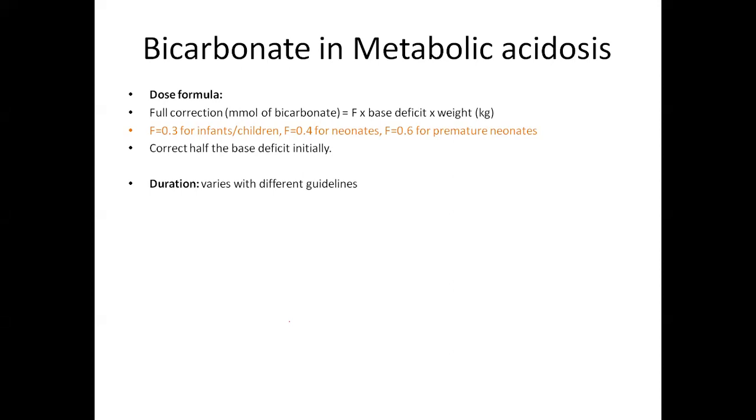So you cannot treat with the same value for 24 hours. You need to keep repeating the ABGs, and you need to modify your formula again and again. So it's a practical difficulty. Strictly following 8 hours and 16 hours is practically impossible, and I think it's not feasible for many of the children.